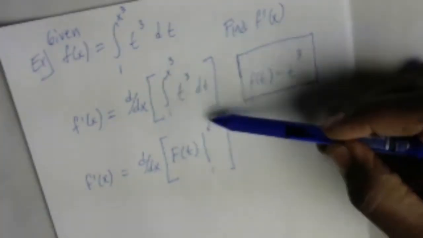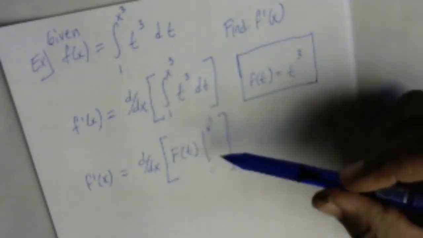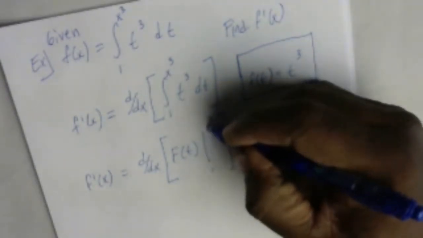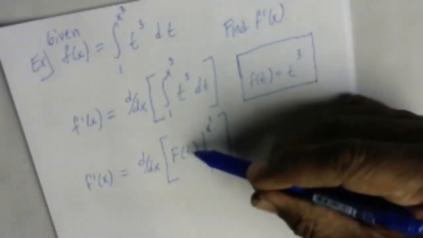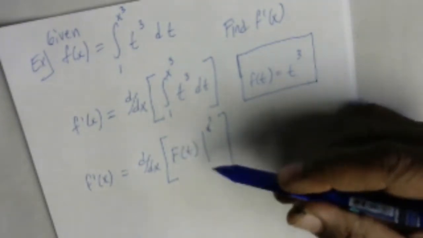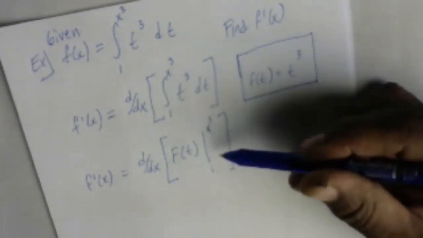Keep in mind that this quantity in the brackets is the same as this quantity that's inside the brackets. We just wrote it differently by notation only, but they're exactly the same.